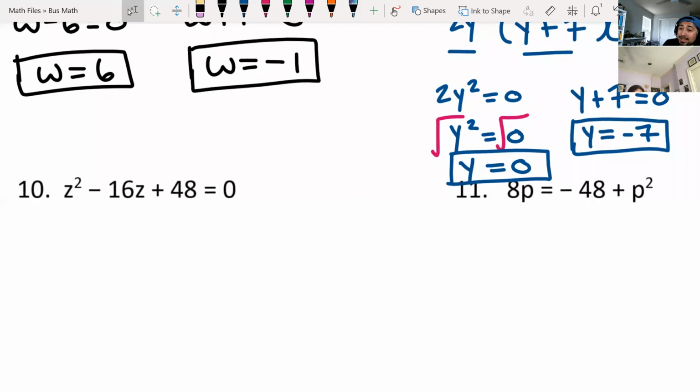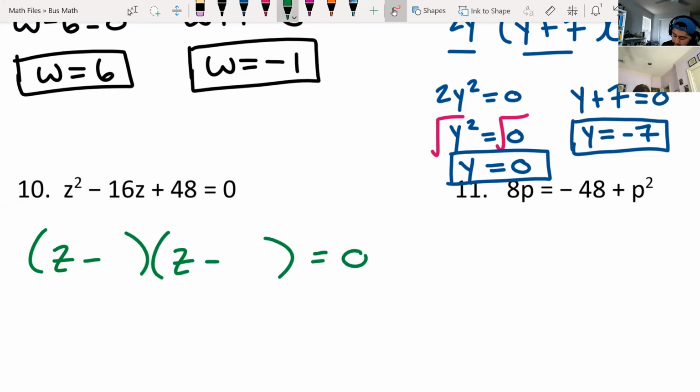Z squared minus 16z plus 48. All right, so again, another easy one to factor. Signs are minus plus, which means you'll get z minus a number and z minus a number equal to 0. Okay.